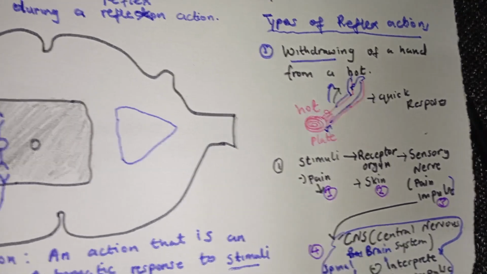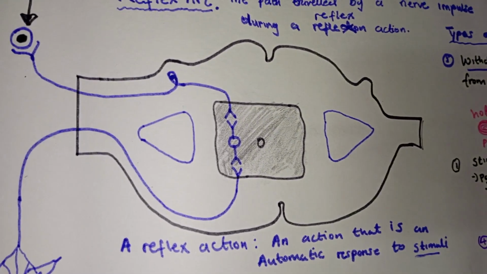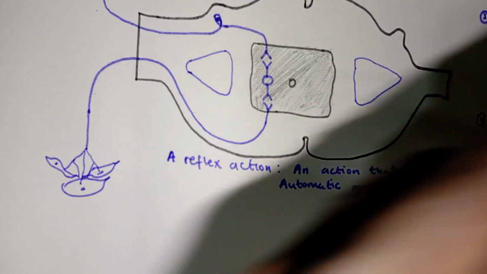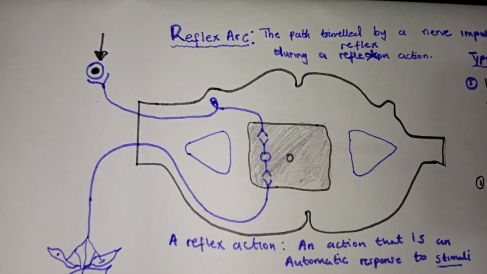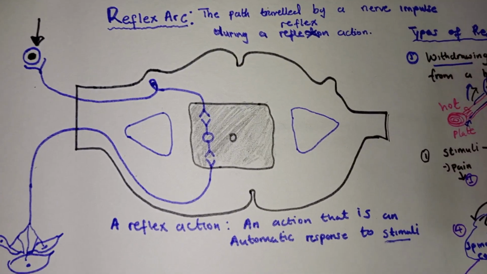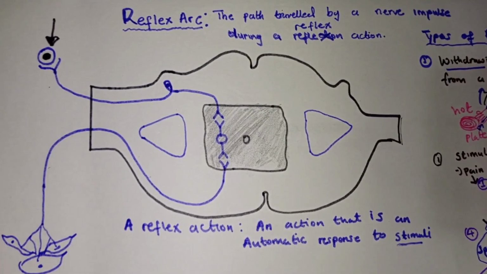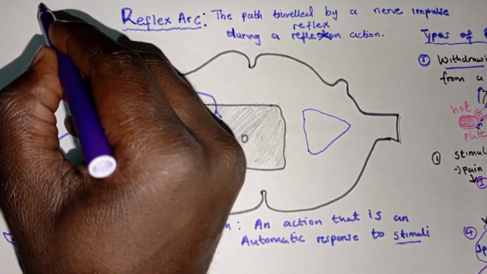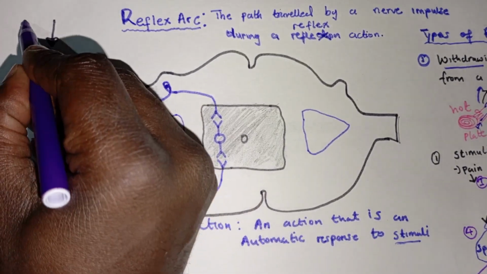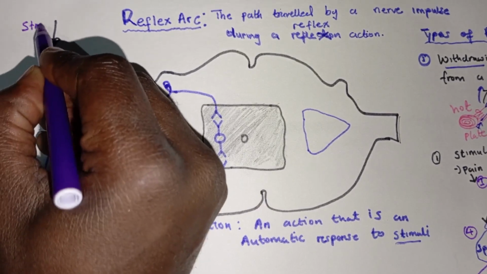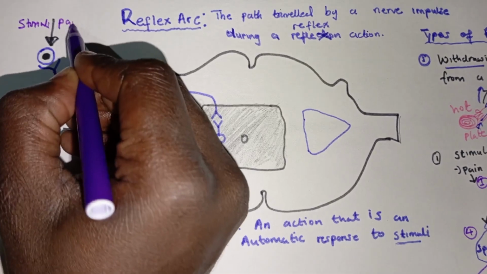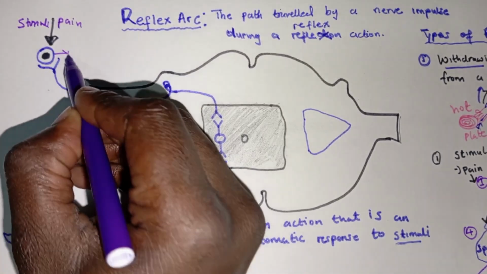Okay, so let's look at this diagram which shows a reflex arc. When you look here, this is what happens. We can say this is a stimulus, and here we are using a pen, and this is, let's say, the skin.